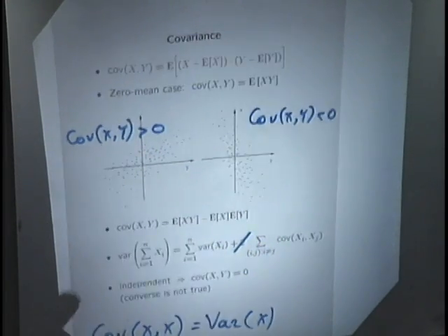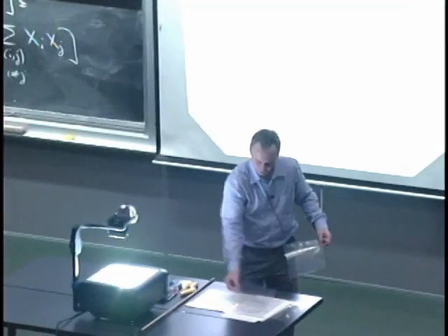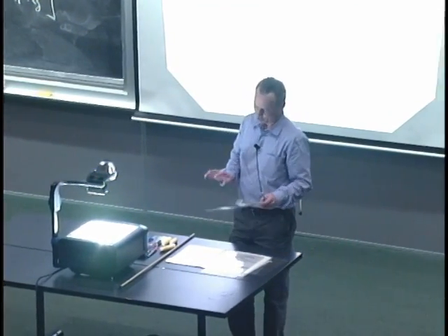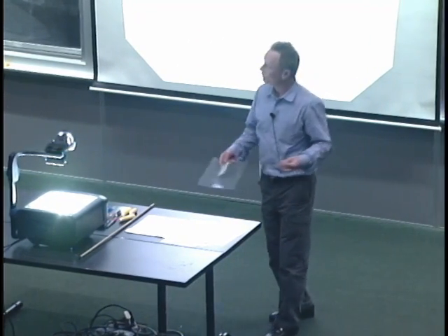So covariances give you some indication of the relation between two random variables. Something that's not so convenient conceptually about covariances is that it has the wrong units. That's the same comment that we had made regarding variances. And with variances, we got out of that issue by considering the standard deviation, which has the correct units.